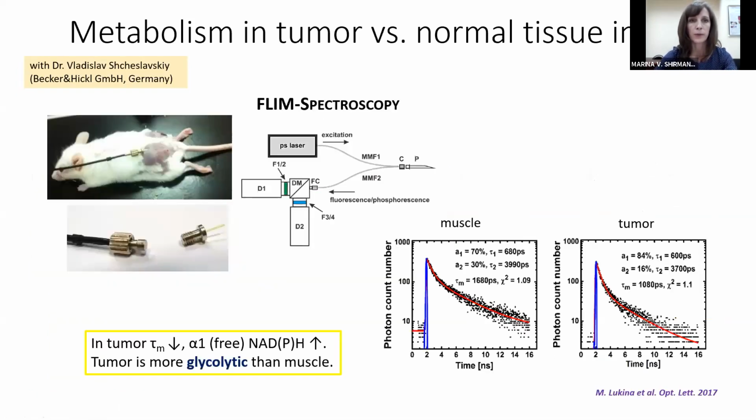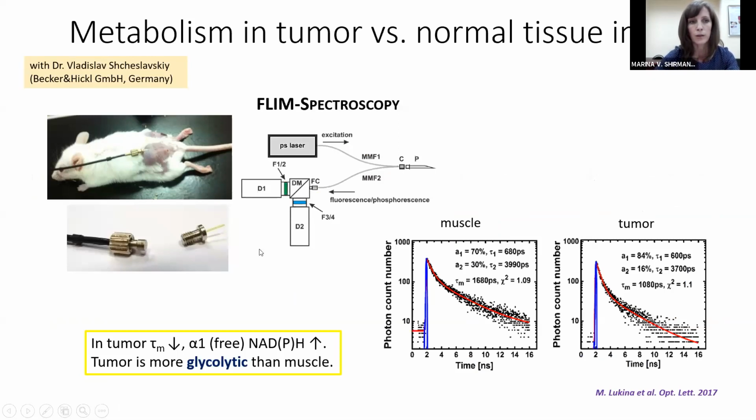The same we did with the spectroscopic FLIM system. The system with a needle that is inserted into the tumor, like shown here, also the same tumor, mouse colorectal cancer, and the probe is inside the tissue.